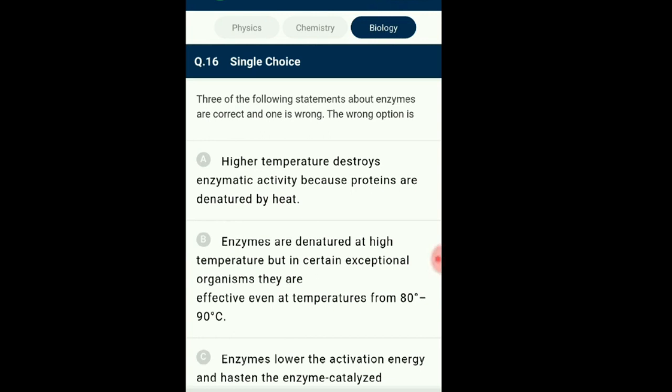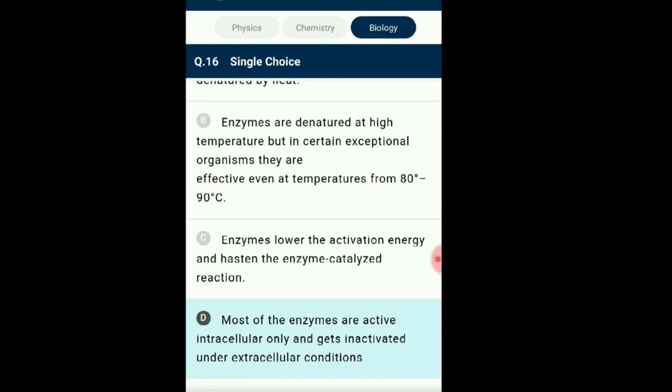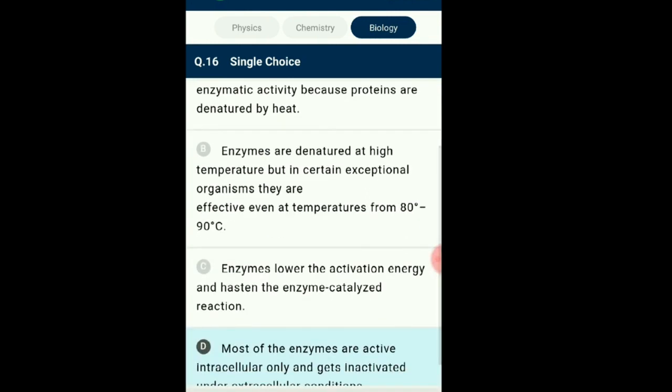Enzymes are highly specific, as only a specific group of substrates can bind to the active site of the enzyme. Enzymes are active both in intracellular and extracellular conditions. So the answer is option D. Most of the enzymes are active intracellularly only and get inactivated under extracellular conditions. So that is the wrong statement about enzymes.